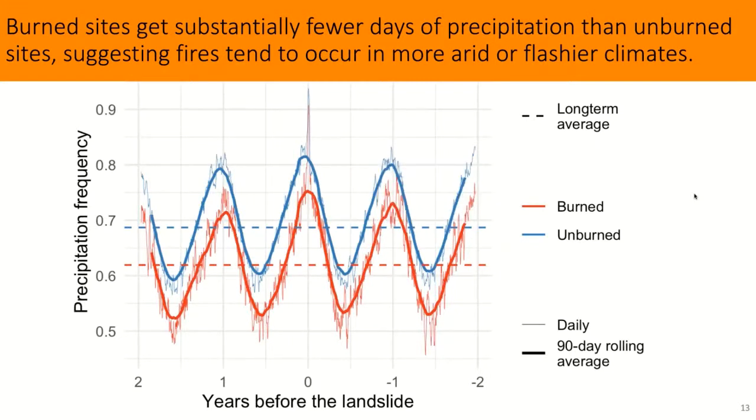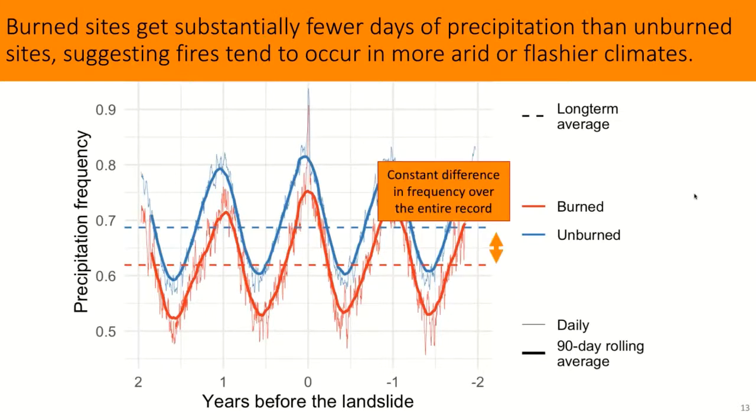Moving on to the second part of the results, the precipitation frequency. So I've just plotted the precipitation frequency here, and as I mentioned, these aren't normalized by the site. As a result of that, we see a constant difference in frequency throughout the entire record.